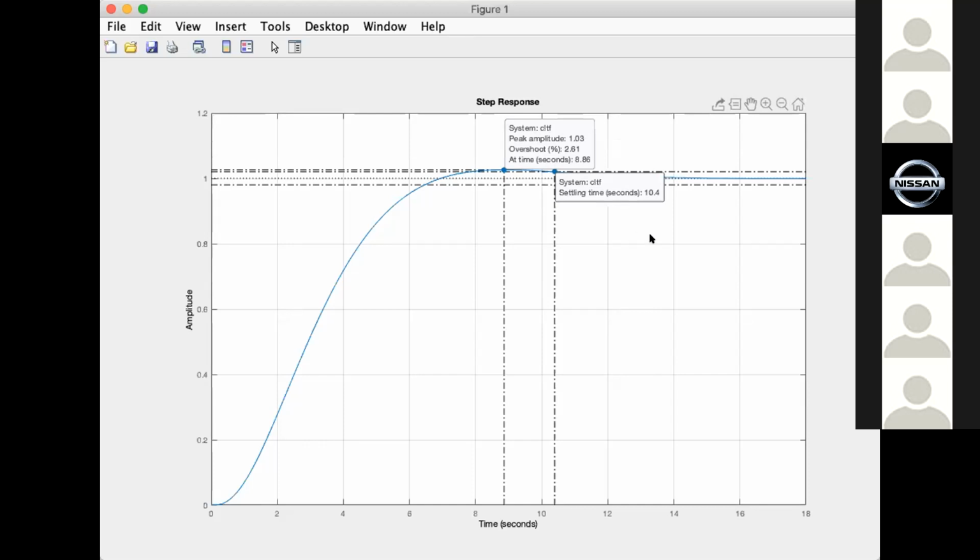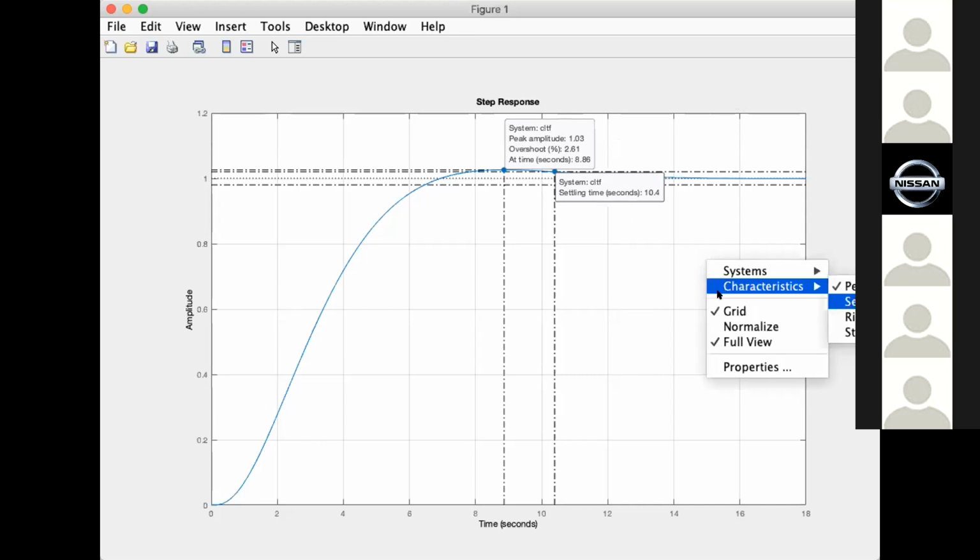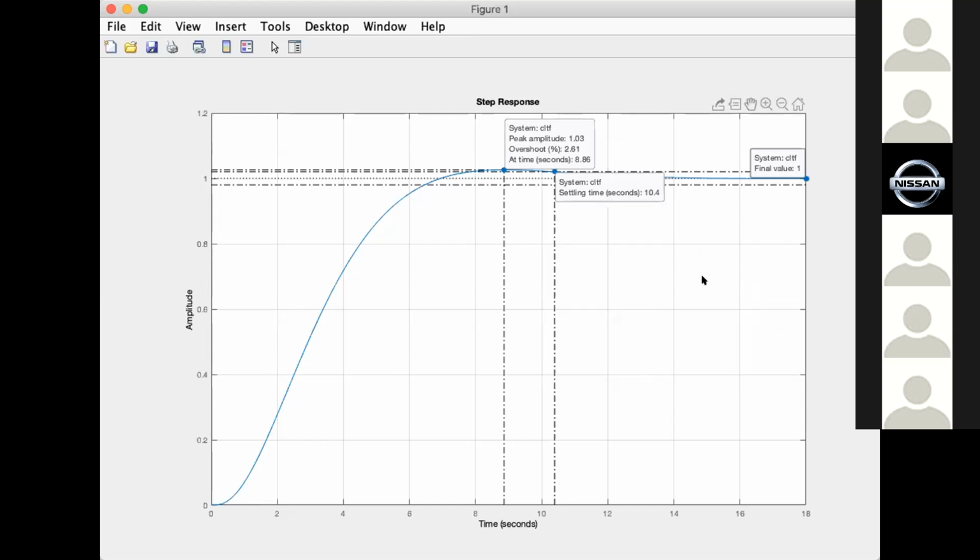What is the steady state error? Is it 0.03, doctor? Wrong. The steady state error is 0, right? Type 1. Okay, see the final value is 1. The input is 1. 1 minus 1 is 0.